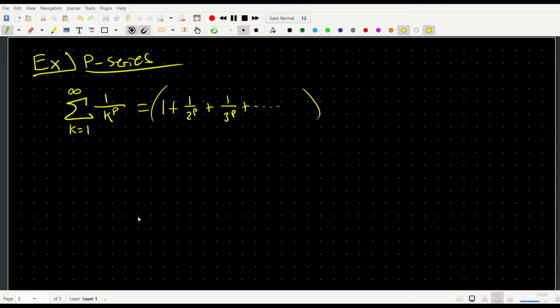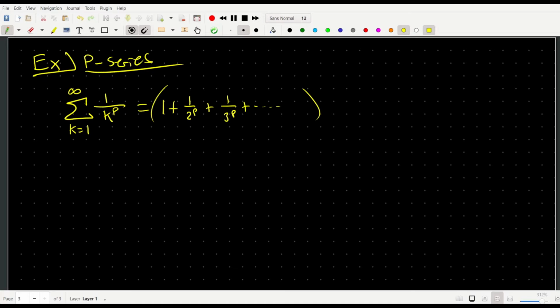And you can ask a very good question, which is, for what values of p does a p-series converge, and for what values of p does a p-series diverge? And the answer to this question is to go through and do the integral test on it.